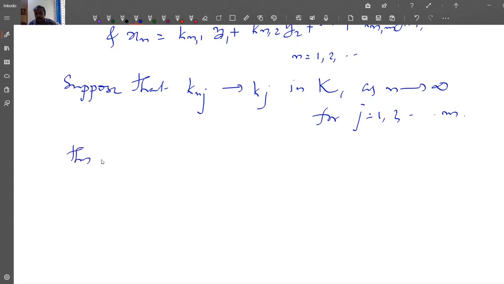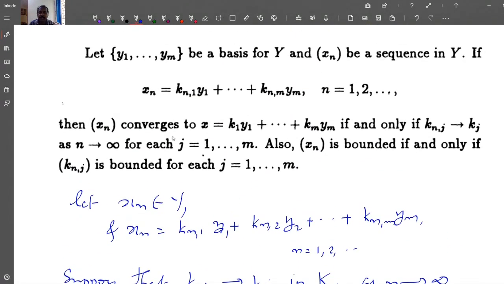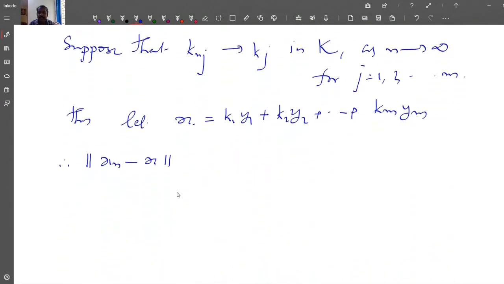Then let x be equal to k1 y1 plus k2 y2 plus etc. plus km ym. We are going to prove that x_n converges to x. So you consider the norm of x_n minus x.